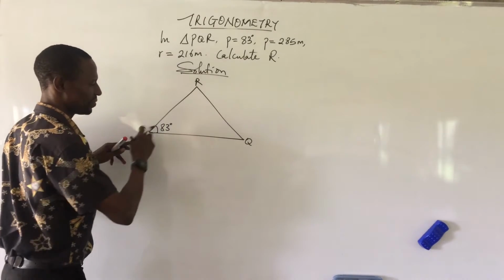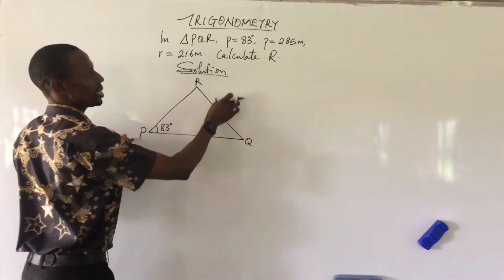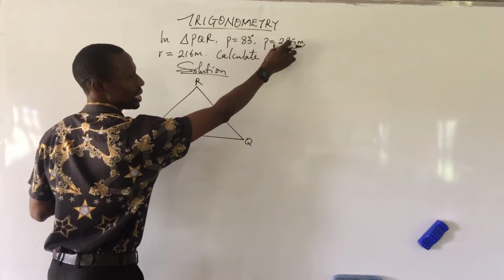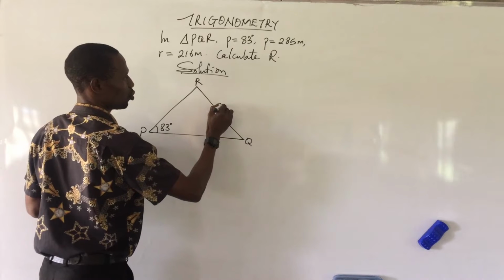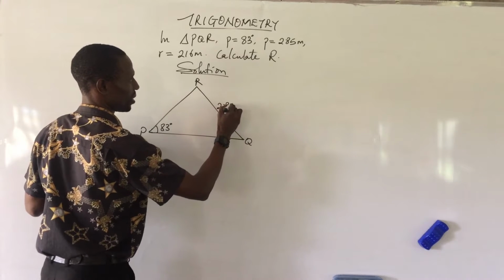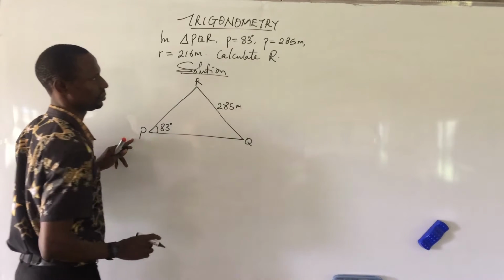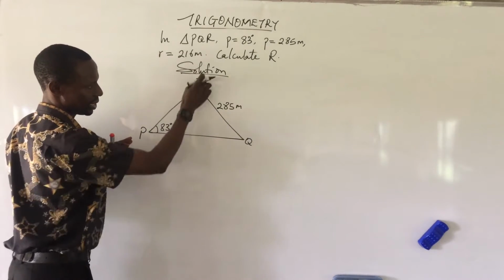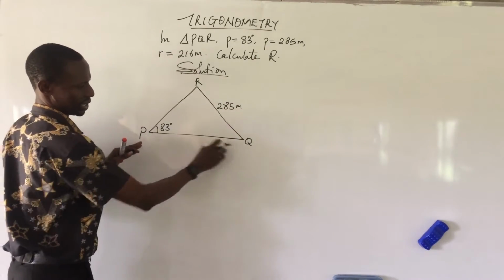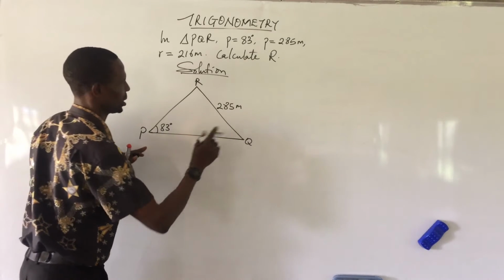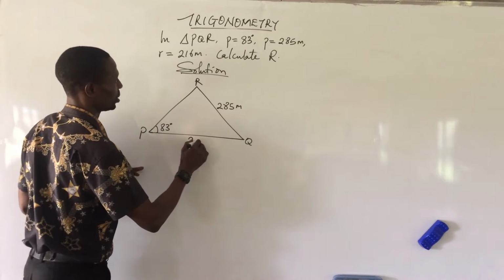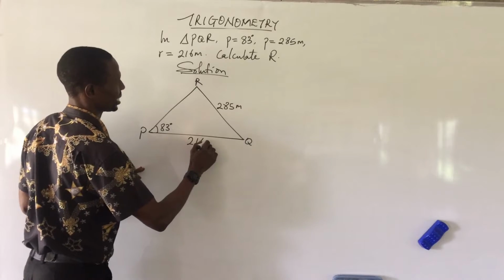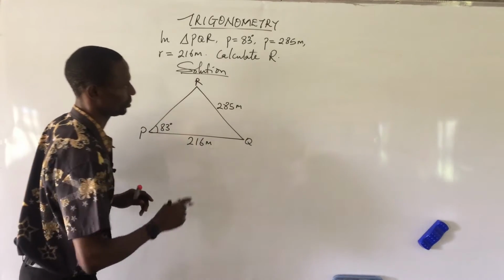The side that is facing angle P is the small letter p, whose length is given to be 285 meters. The small letter r is the side that is facing angle R, which is this side directly opposite it. So here we have it to be 216 meters.